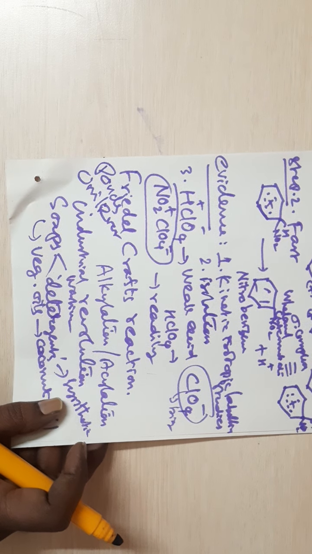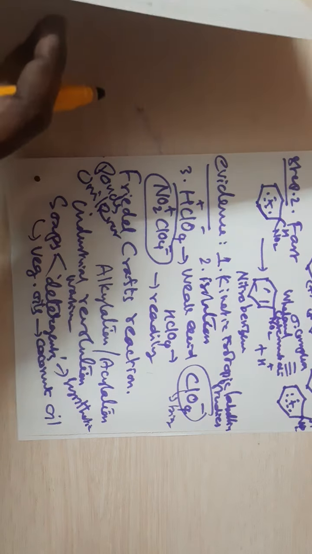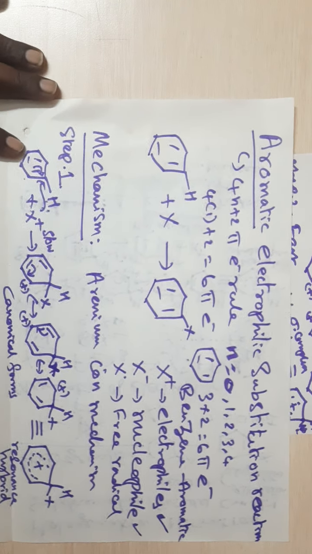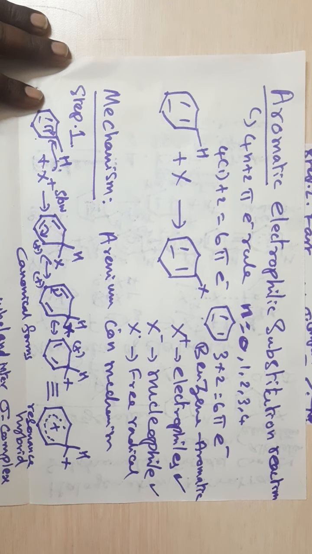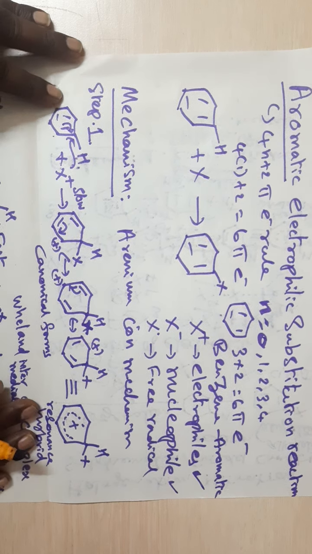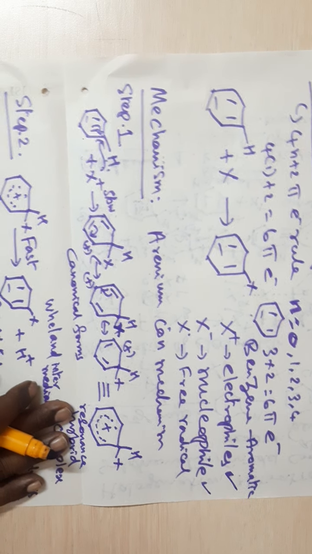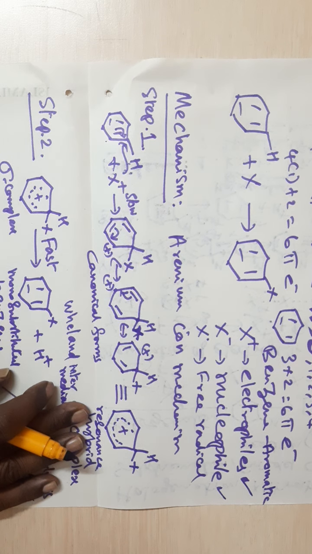Let me sum up. In this class, we have discussed two important reactions, namely halogenation and nitration. They are taking place by aromatic electrophilic substitution reactions. I have explained what is meant by aromatic electrophilic substitution.